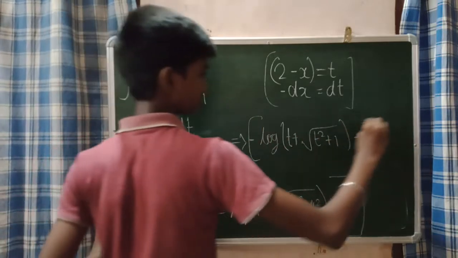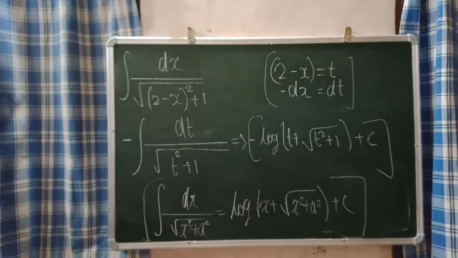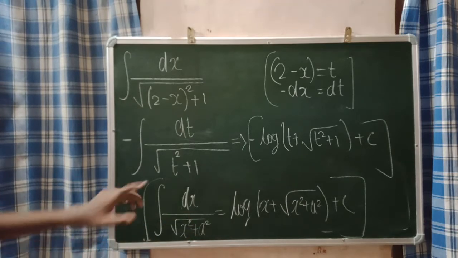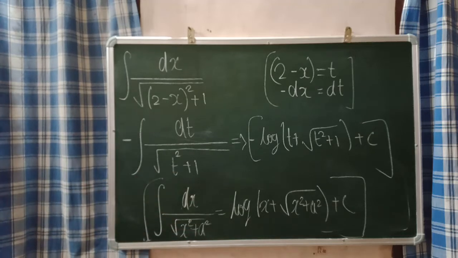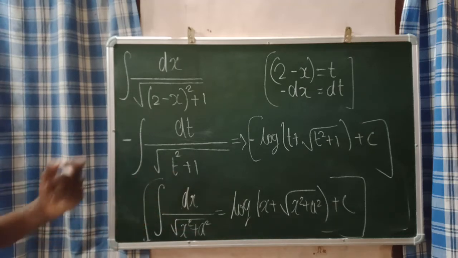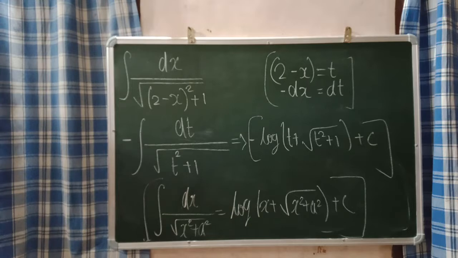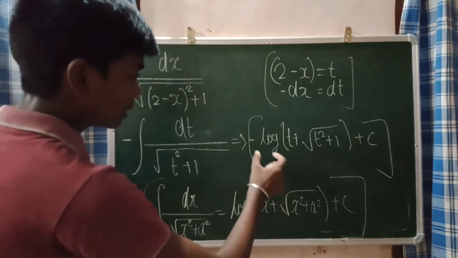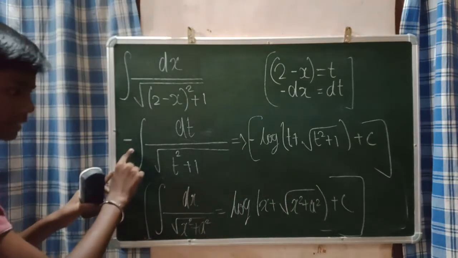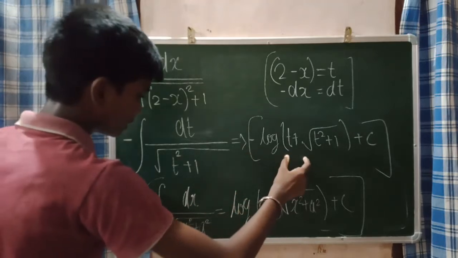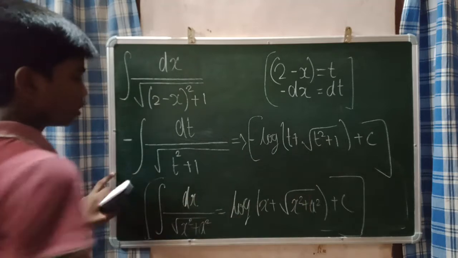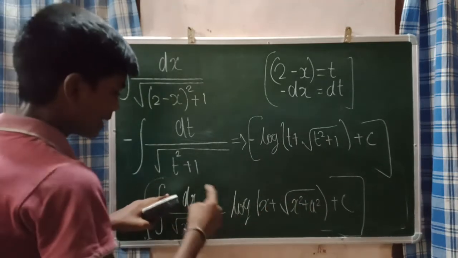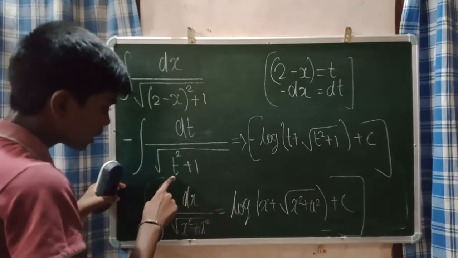Very easy to see. To use this standard integration, here your x square is t square and your a square is 1 square, because 1 square and 1 are both the same. That's why I wrote it as minus into log of x plus the square root of x square plus a square, where x is t.